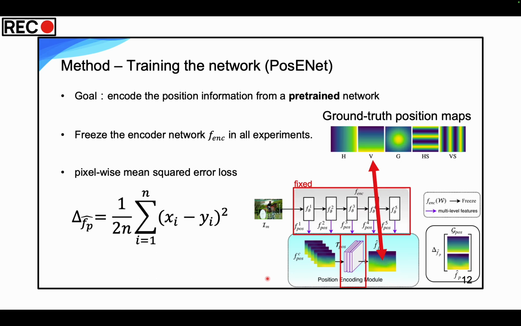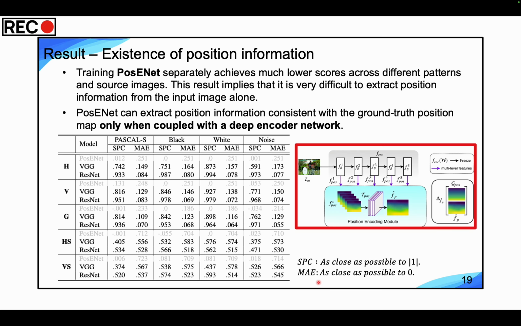And they use fixed pre-trained weights and train a simple convolution, for example a 3x3 kernel, to test if the PosENet component can extract absolute position information from the multi-scale feature map. The result shows that PosENet can extract positional information consistent with the ground truth position map only when coupled with a deeper encoder network.